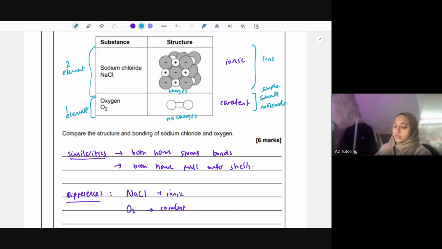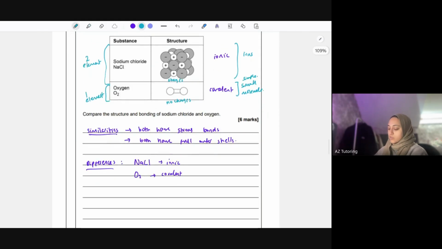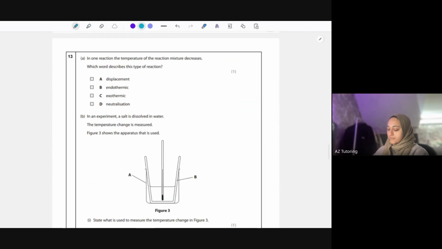So there's positive sodium ions and negative chloride ions in that first one. Just trying to see if I've missed anything. That's it really. You're just describing the differences between ionic and covalent. So that's quite a good 6 marker.